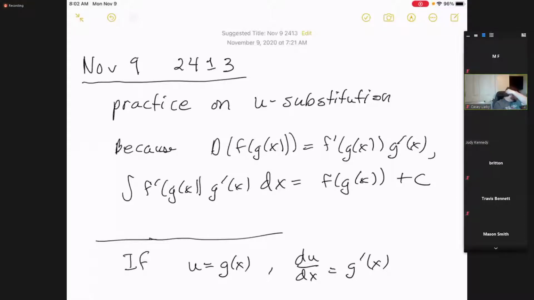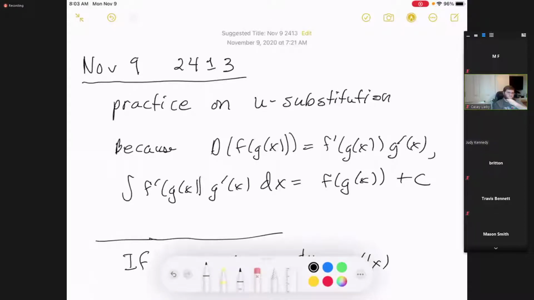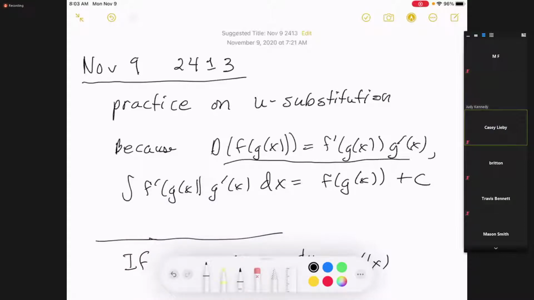What you're doing with u-substitution is sort of using the chain rule backwards. The derivative of a composition of two functions, f of g of x, is f prime of g of x times g prime of x.